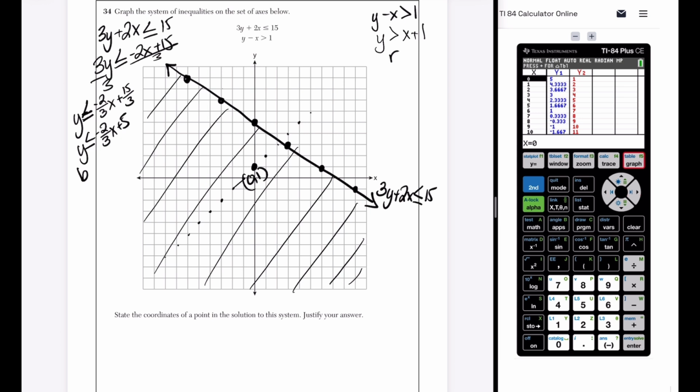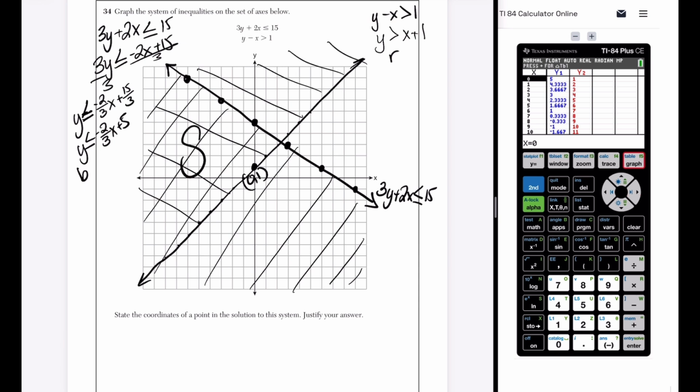Nice and linear. I love that. So easy to graph. And in this one, my y is greater, so I want all those, and I can see they overlap over here, so this is my solution set.